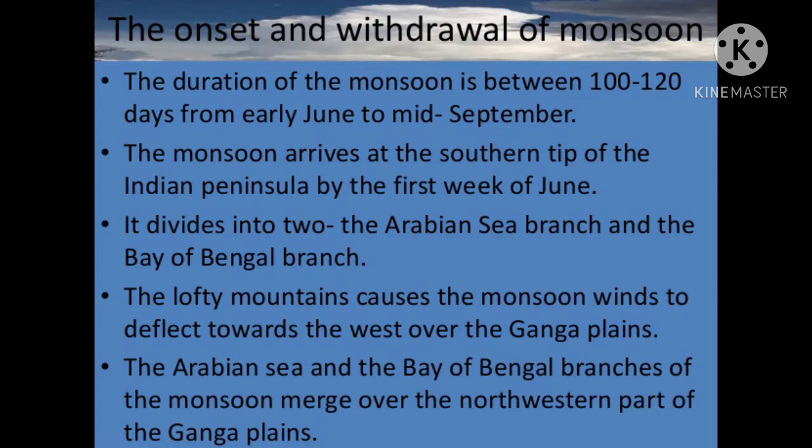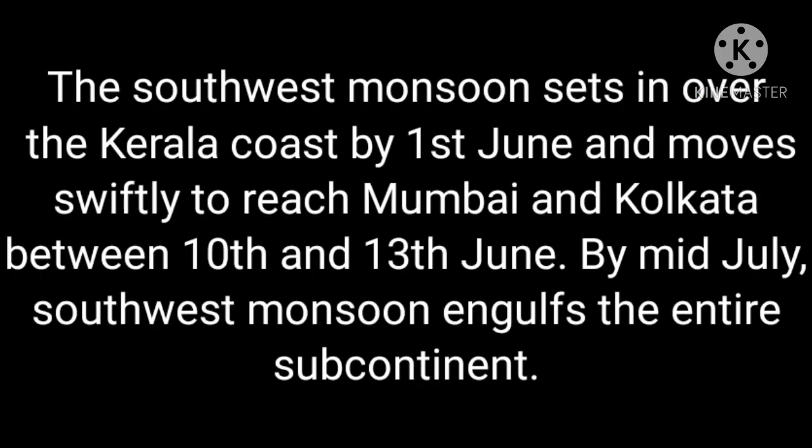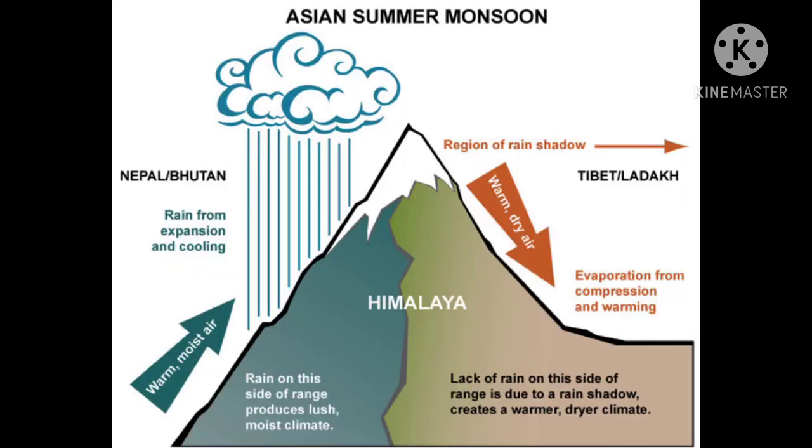The southeast trade winds of the southern hemisphere also join the air circulation over India as the southwesterly wind. The southwest monsoon strikes the coast of Kerala in the first week of June and slowly extends northward. It is known as the onset of monsoon.